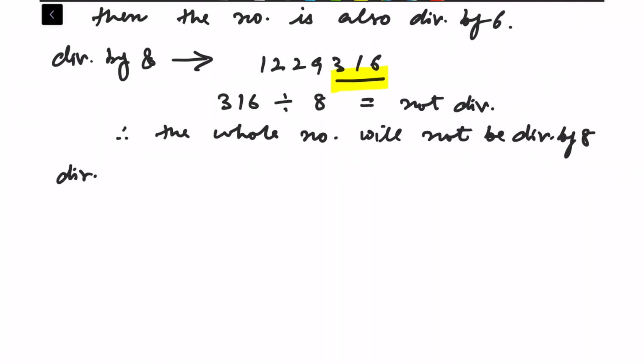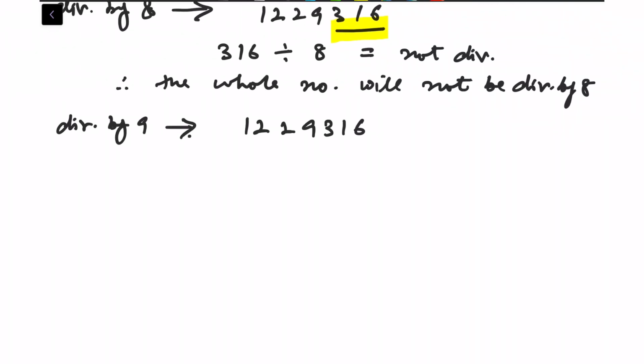Now we will take divisibility by 9. For this, we will take the sum of the digits. Sum of the digits: 1 plus 2 plus 2 plus 9 plus 3 plus 1 plus 6.